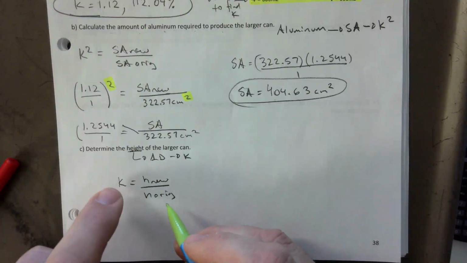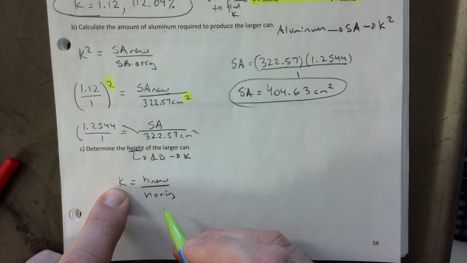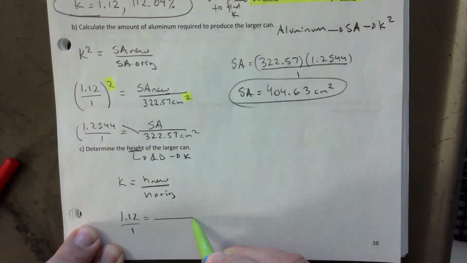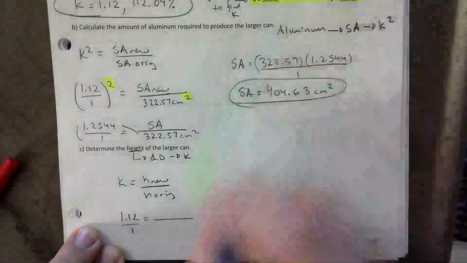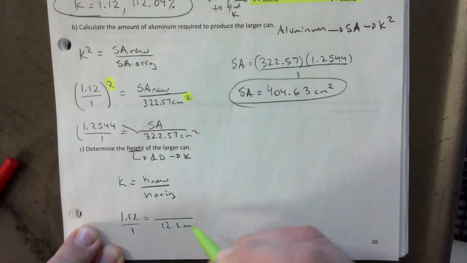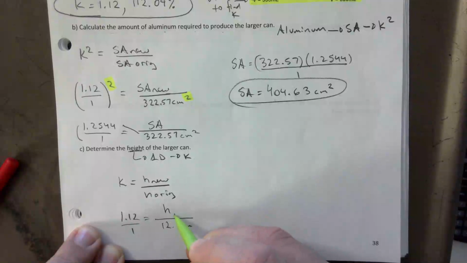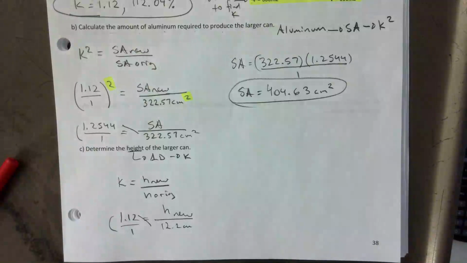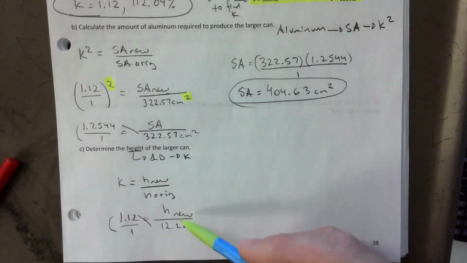So, do we know the scale factor? You bet. It's 1.12 over 1. Hasn't changed. I know the height of the original, correct? Right here, 12.2. And so I'm just going to figure out the height of the new, like that. Again, the cross multiplying and dividing is always going to be there. When you have your scale factor, you're going to have to figure out one of the missing dimensions on the right side.